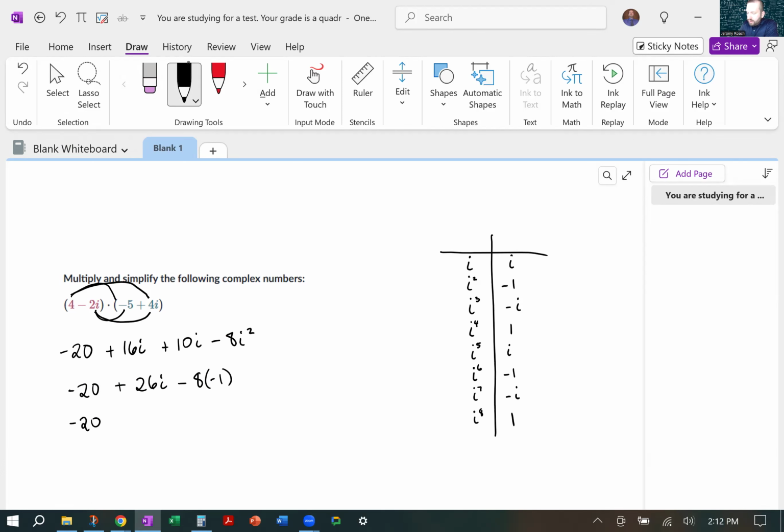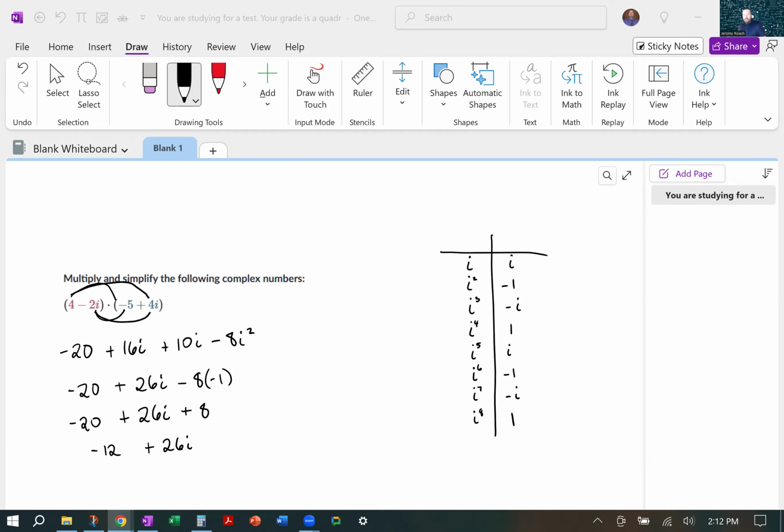Now this is negative 20 plus 26i. Negative 8 times negative 1 is positive 8. Negative 20 plus 8 is negative 12. And we're left with 26i. So negative 12 plus 26i.